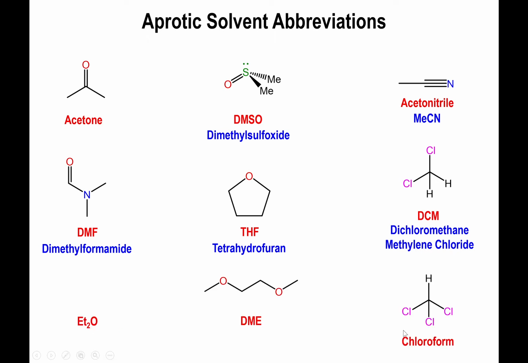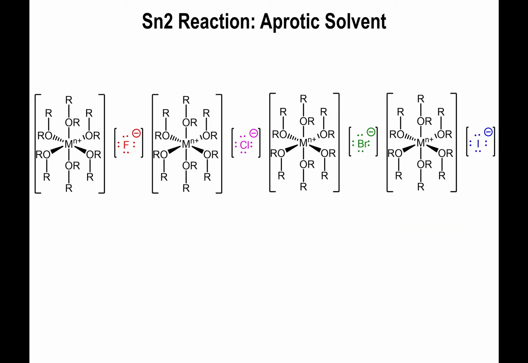The last set of solvents that you could use that also qualify as aprotic are diethyl ether, dimethoxyethane, which is technically a polyether, and chloroform, which has an extra chlorine compared to dichloromethane. All right, so any of those solvents can be used to basically yield a naked anion.